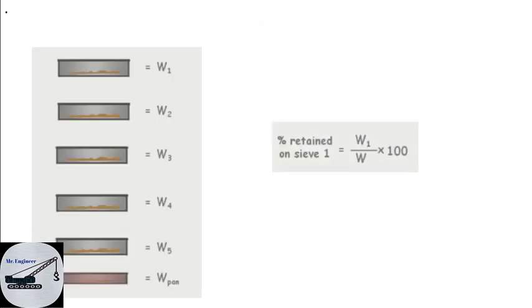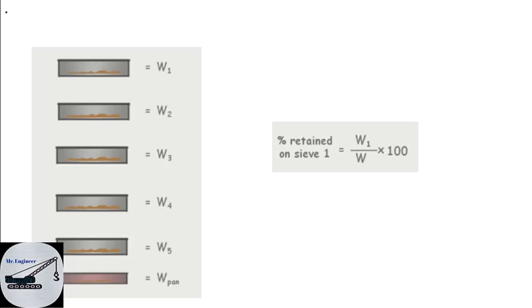After 10 minutes, the arrangement is taken out and the amount of soil retained on each sieve is weighed on a balance with the accuracy of 0.1 gram. These weights are W1, W2, W3, W4, W5 and W pan. Then we will calculate the percentage of soil retained on each sieve as the weight of retained soil on the sieve divided by the total weight of the soil taken multiplied by 100.